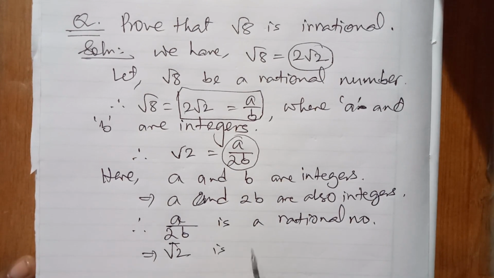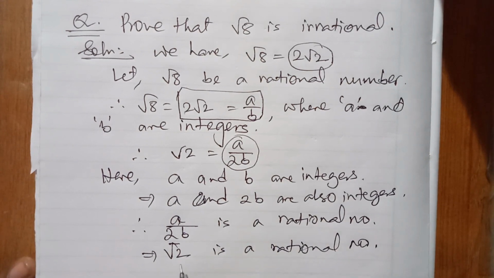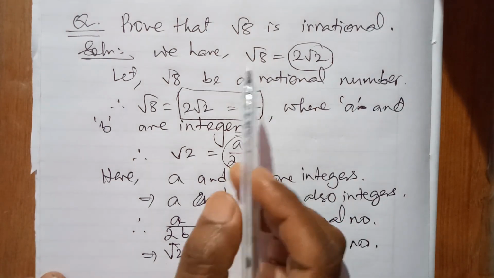Then root 2 is a rational number. But is it possible? No, because we have already proved that root 2 is an irrational number. But here it is coming root 2 is a rational number. So one impossible result I am getting, and this impossible result comes from our beginning assumption.